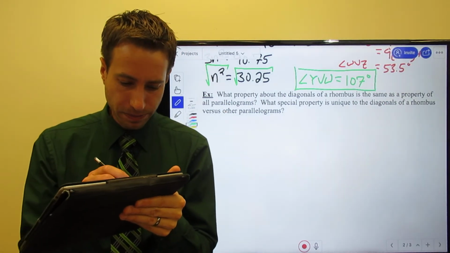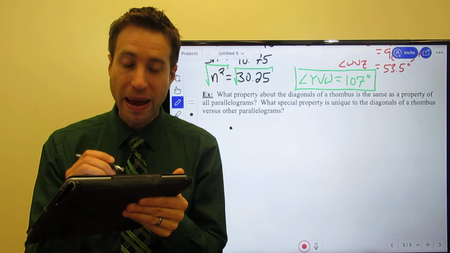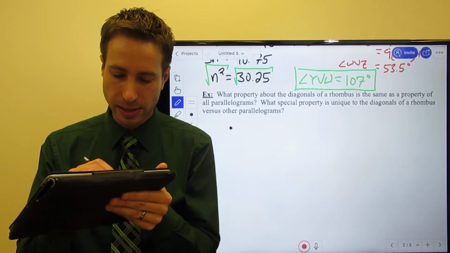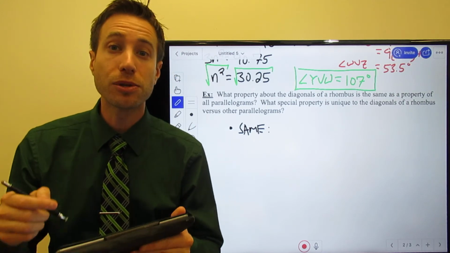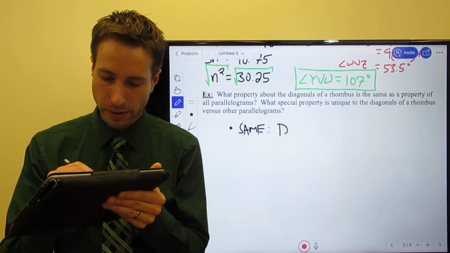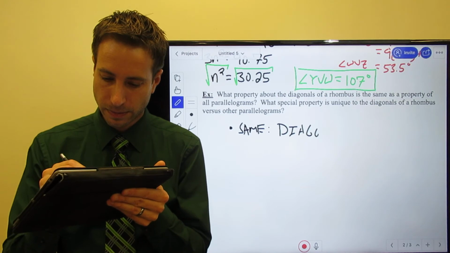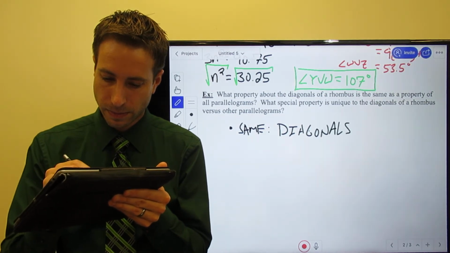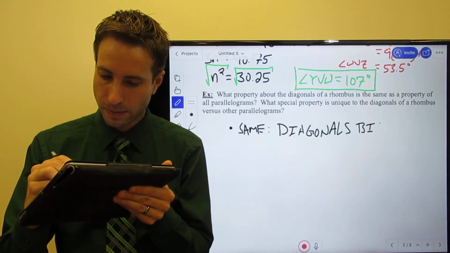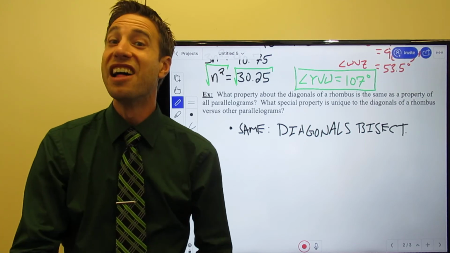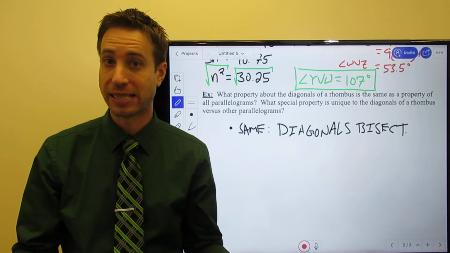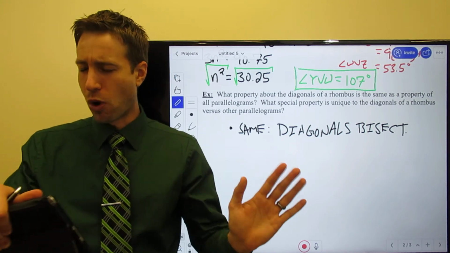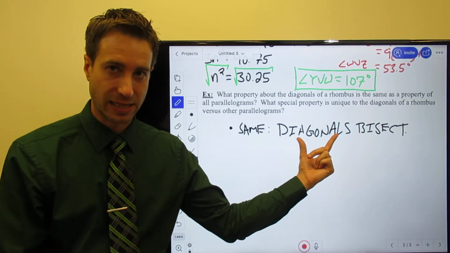Well, we know that the diagonals bisect one another. Whether it's a rhombus or a parallelogram, the diagonals must bisect each other.